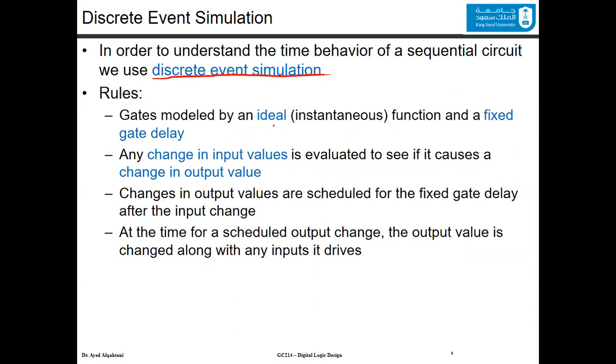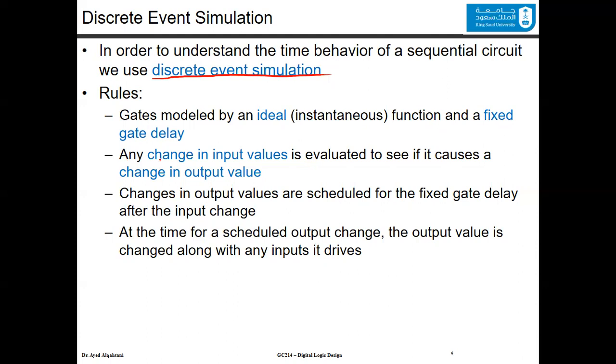When we say the function is instantaneous, it means that the output is generated right away without any delay. And then after the instantaneous function, we add this amount of delay as a fixed gate delay. This is the ideal case, meaning that it's not in the real world. This never happens. Any inputs that you put in a block need some time to propagate through the block and generate its outputs.